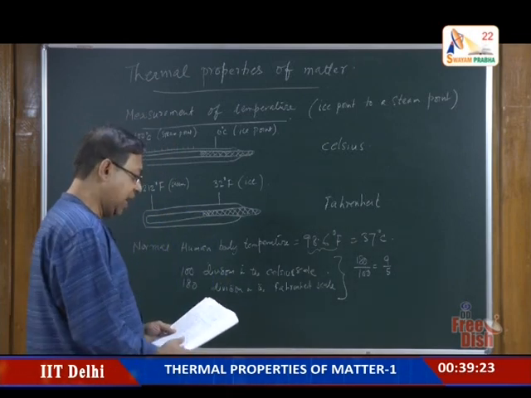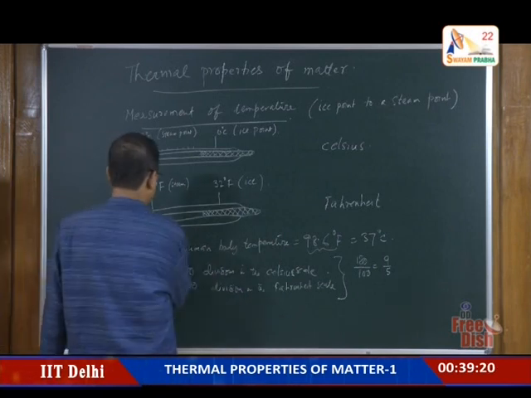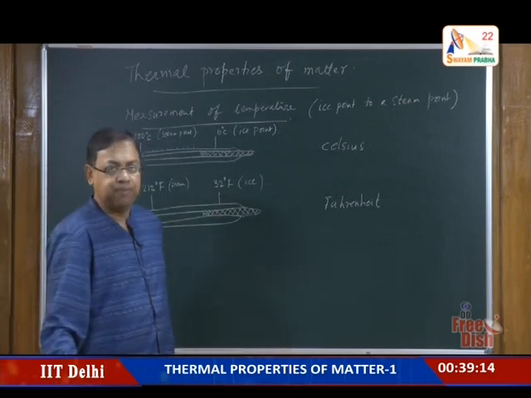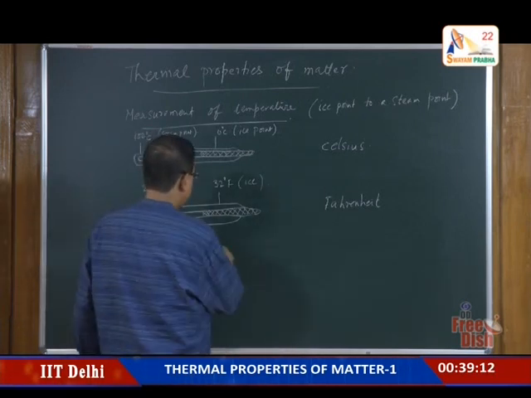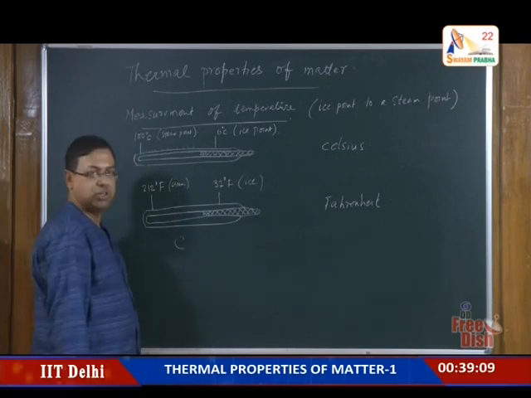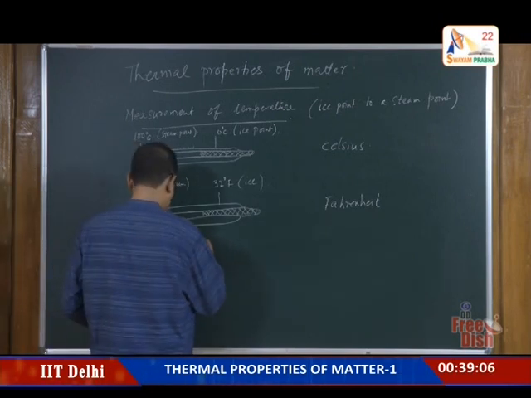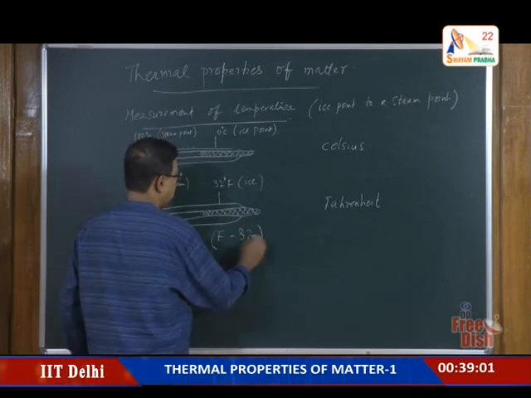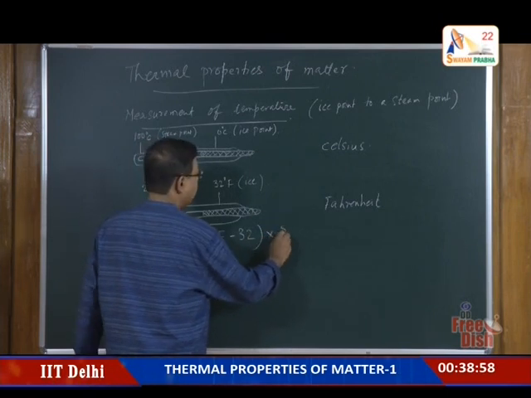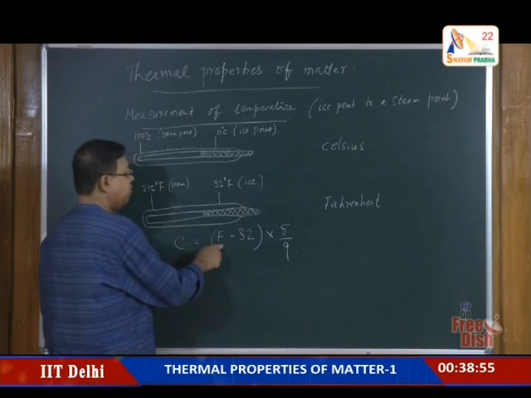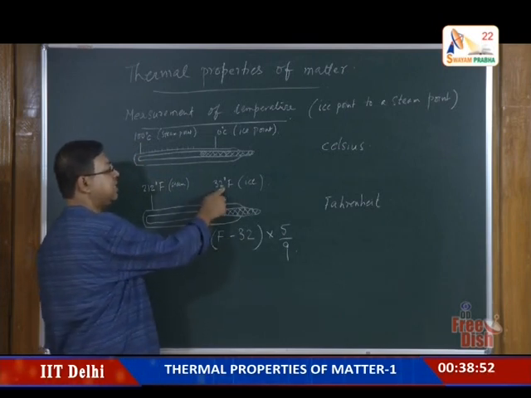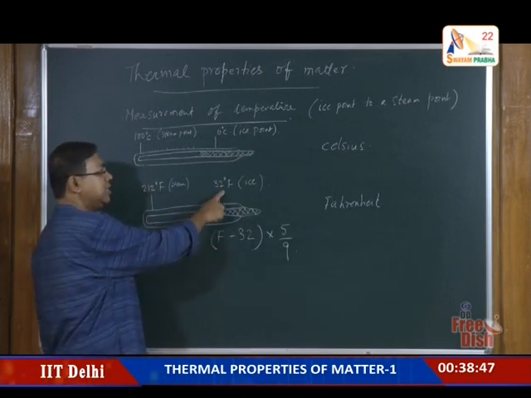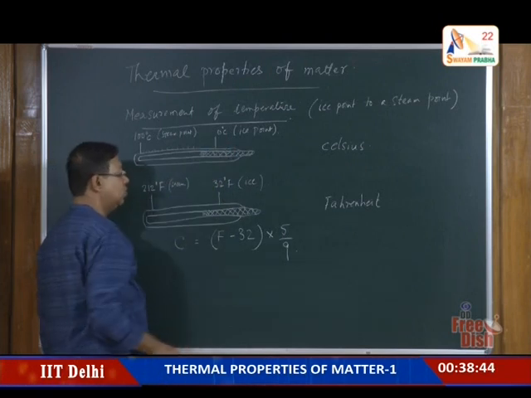And in order to do that, let's write down a formula which is fairly simple and you must have seen it somewhere. Let's take the temperature in the Celsius scale to be C, which is equal to F minus 32 multiplied by 5/9. F minus 32 was done to offset the two ice points to be the same, because the ice point is 32 Fahrenheit, whereas this is 0 degrees centigrade.